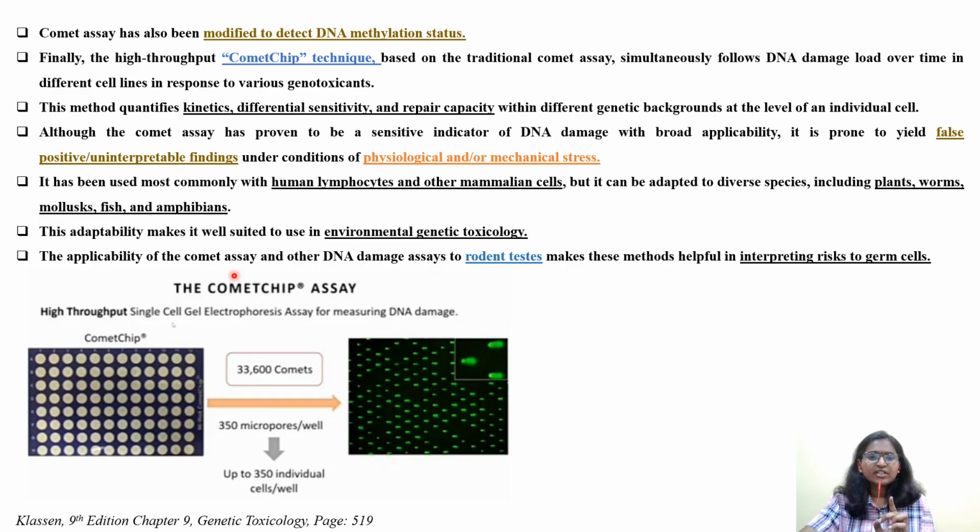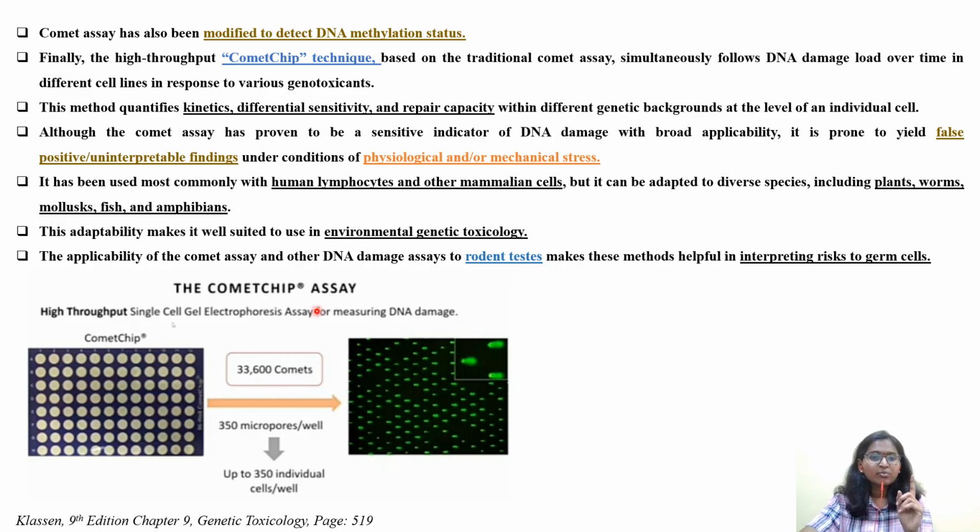The applicability of the Comet assay and other DNA damage assays to rodent testis makes these methods helpful in interpreting risk to germ cells. In Table 9.2, all the genotoxic studies we will discuss, one section will be about damage to the germ cells. The Comet assay application in the testis is also there, which we will see.